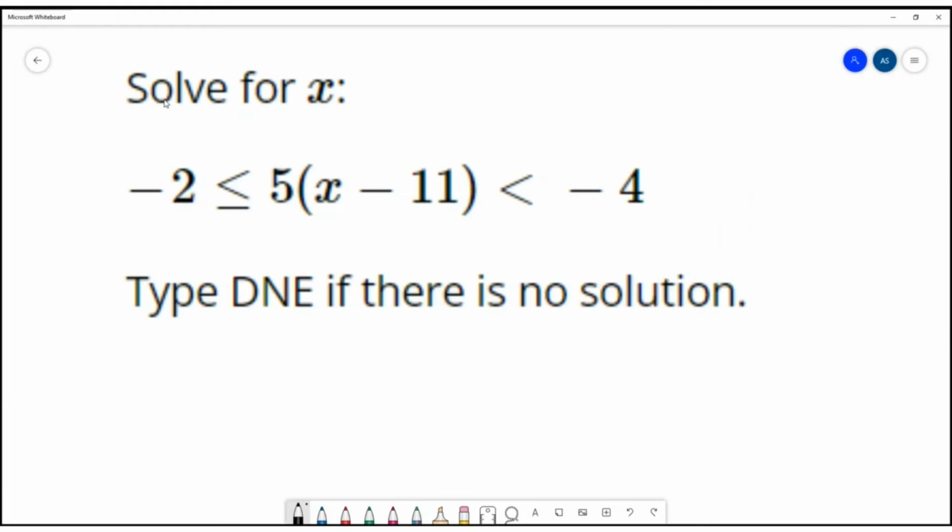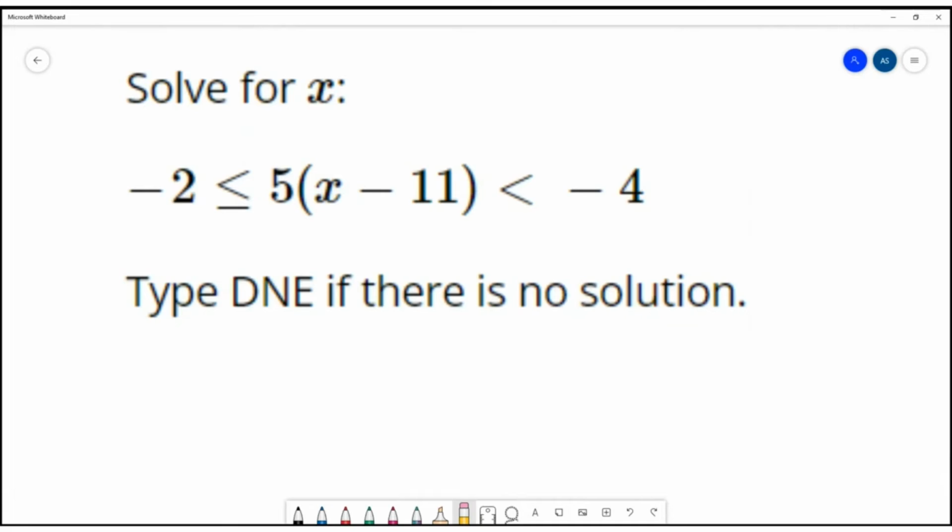So on this question, we have solve for x, and we're given a compound inequality. Negative 2 is less than or equal to 5 times x minus 11 is less than negative 4. So typically with a compound inequality, your goal is to get the variable by itself in the middle.